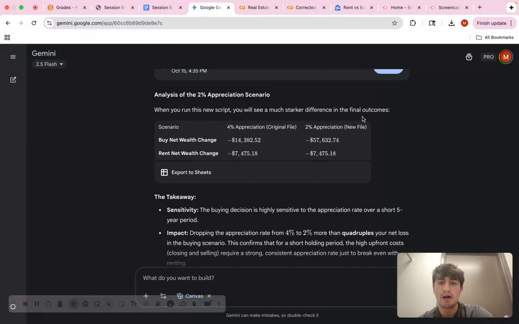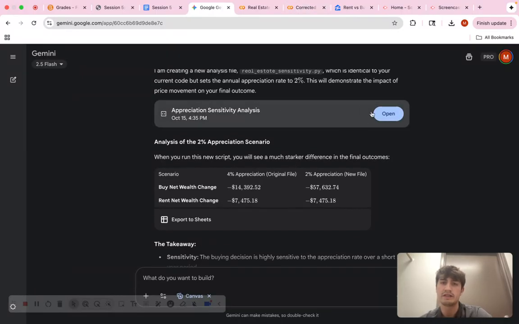So if you changed it to 2%, which I had it do with this, it's just another Colab, same thing. I just changed the appreciation to 2%, and it got me 57K basically, which is a little over $40,000 more.